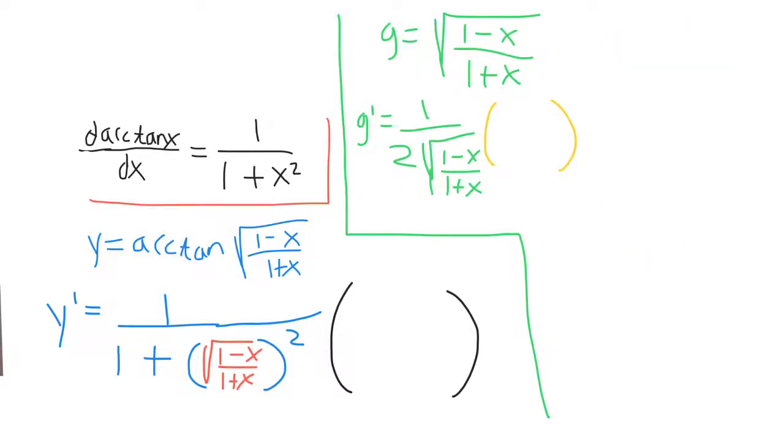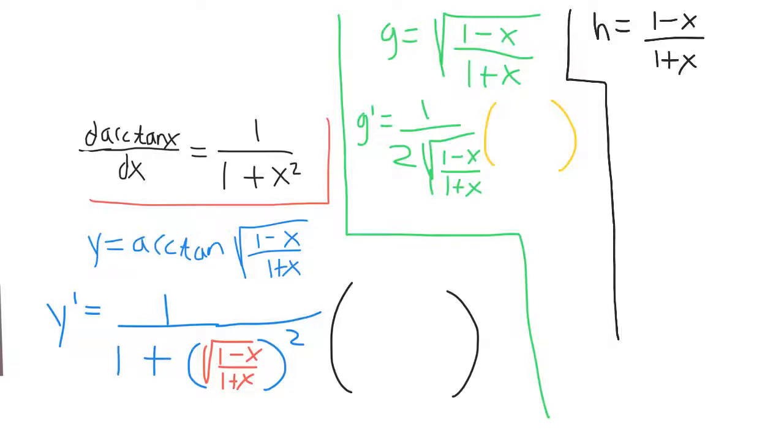So clearly this is sort of a mess, right? But you have to stay calm and do things one thing at a time, and maybe even use dividers when need be. I'm going to call h 1 minus x all over 1 plus x because we need to find the derivative of that now, right? So that is straight up quotient rule, no question.